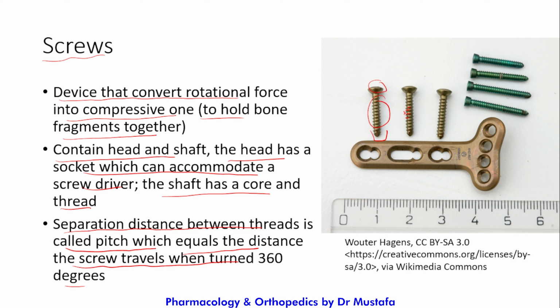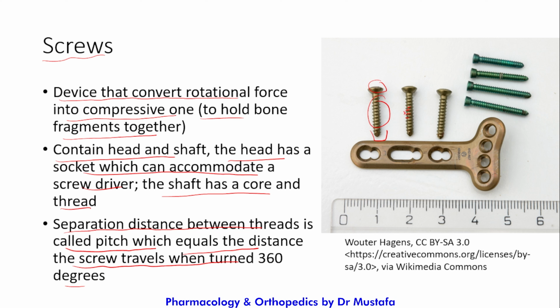The cancellous screws, on the other hand, have larger diameter and pitch, which provide better grip in more porous cancellous bones. Those are examples of them. So basically they have a bigger pitch and bigger threads overall, and they would have better grip in more porous cancellous bones in comparison to the cortical screws.